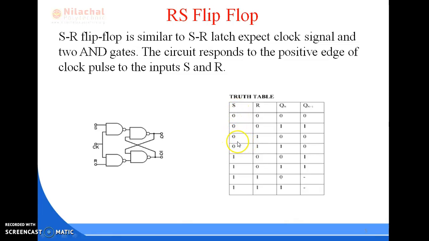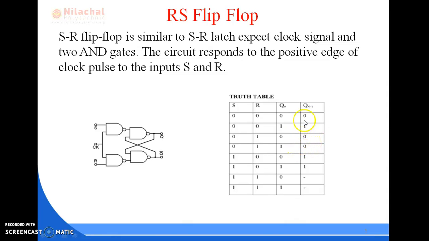Then when S value is 0 and R value is 1, the Qn plus 1 value is 0 for both combinations of Qn.